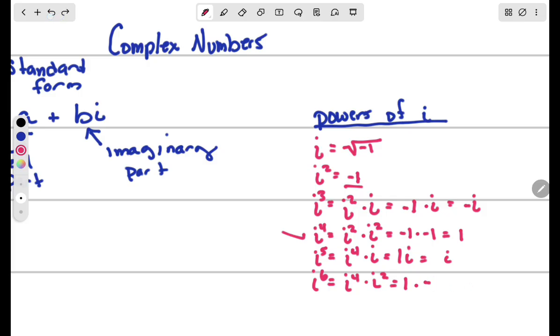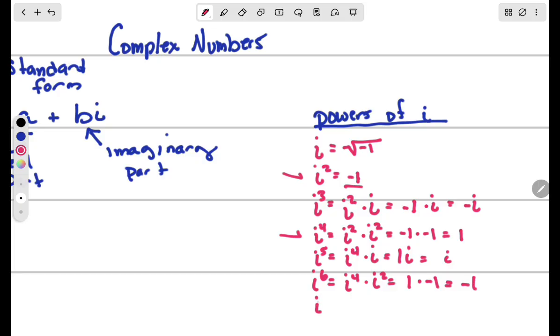Let's correct that. So i to the 6th is back to i to the 4th times i to the 2nd. We know i to the 4th here is 1, and i to the 2nd is negative 1. 1 times negative 1 is negative 1.